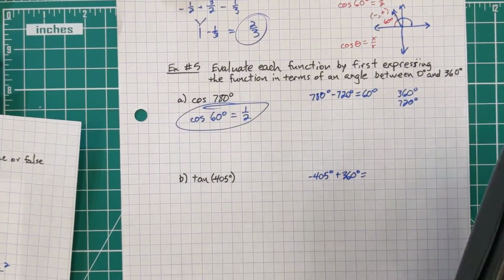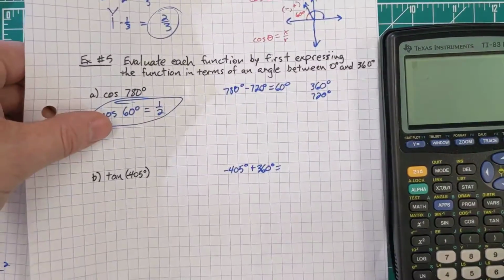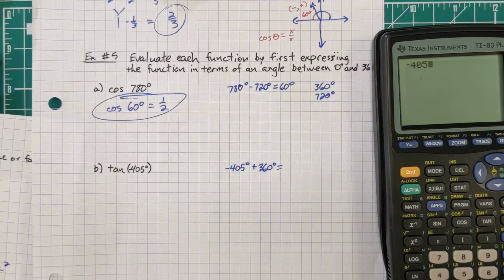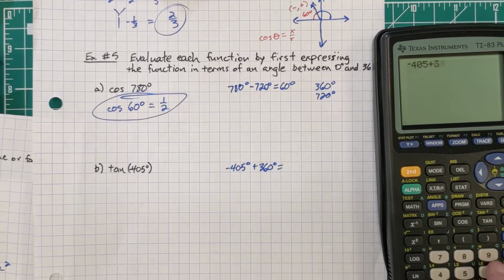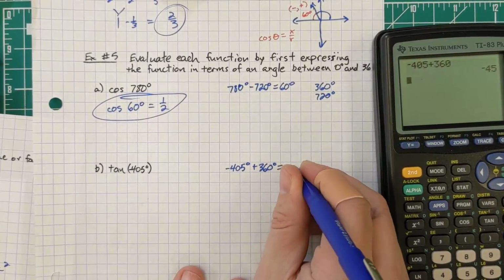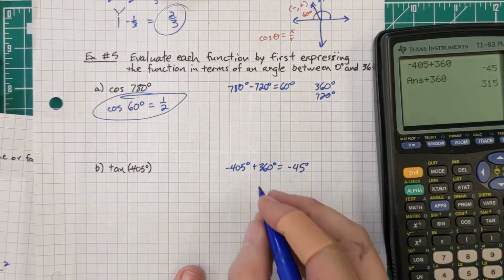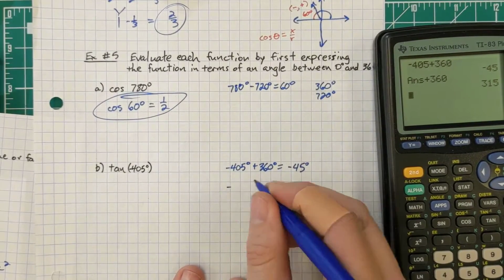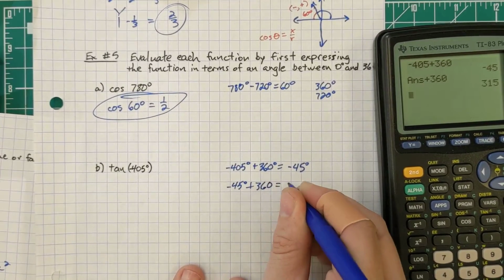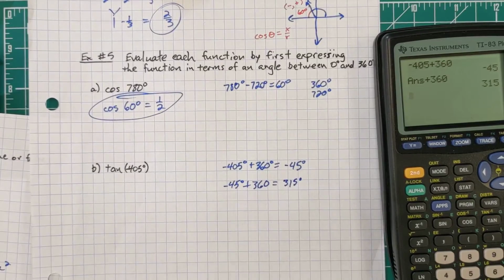So negative 405 plus 360, so negative 45 plus 360, so 315 degrees.